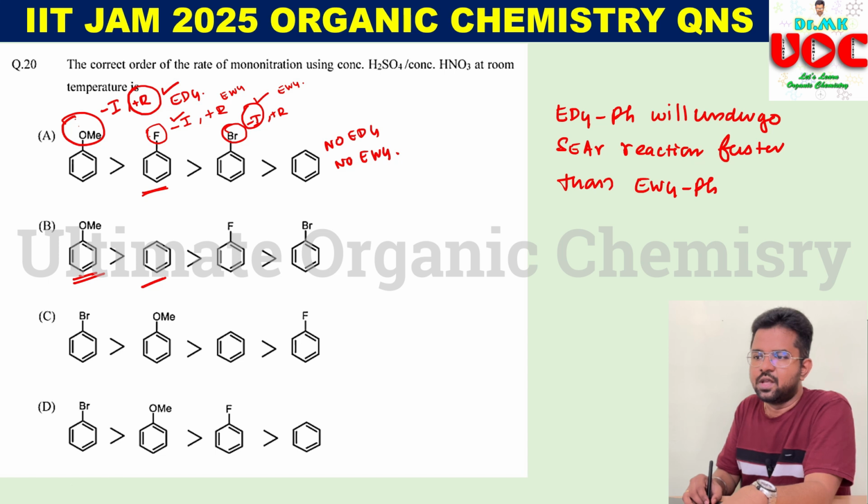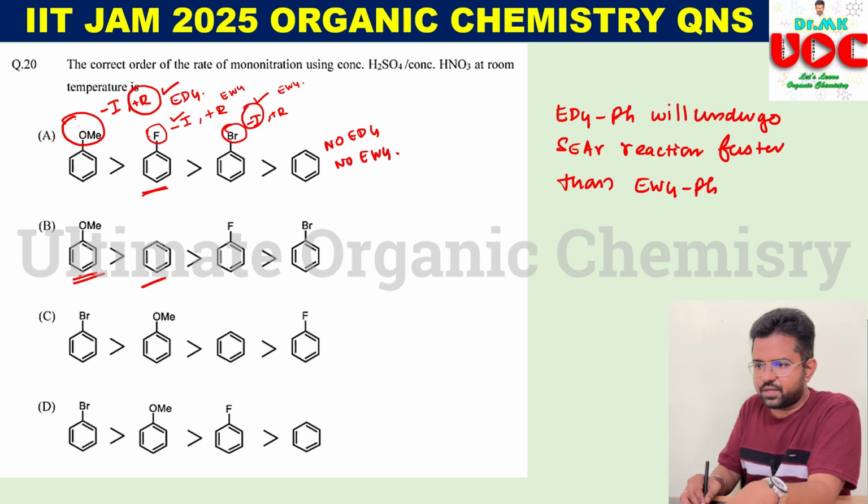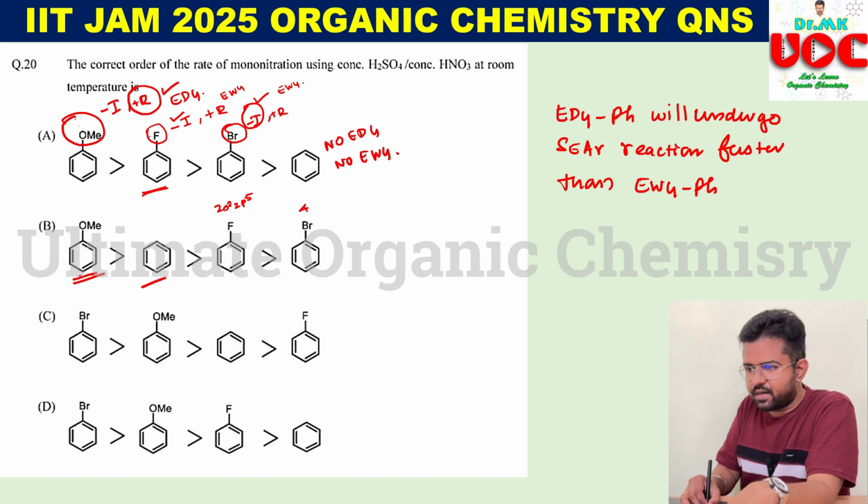You may ask a question, sir, fluorine is more electronegative than bromine, then why is fluorobenzene more reactive than bromobenzene? You know that the fluorine outermost electronic configuration is 2s2 2p5. So here in bromine, that is 4s2 4p5.